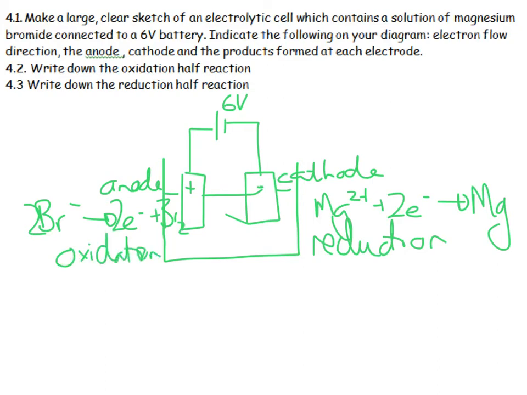I don't think you can say very much more. Have you done everything? Oh, electron flow. So the electrons are going from the negative terminal of the cell and coming in at the positive terminal of the cell.